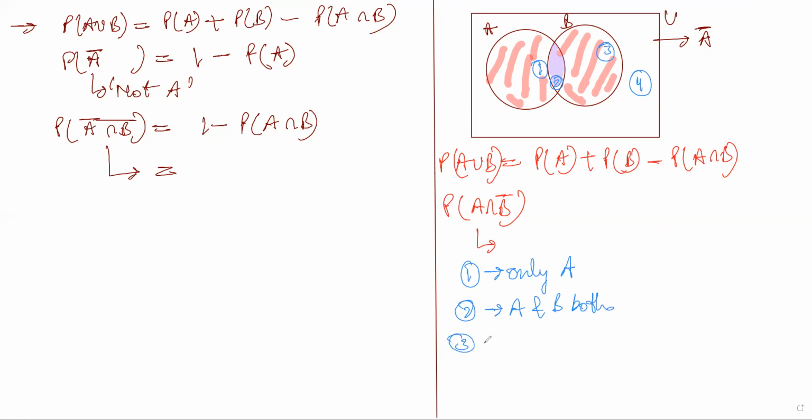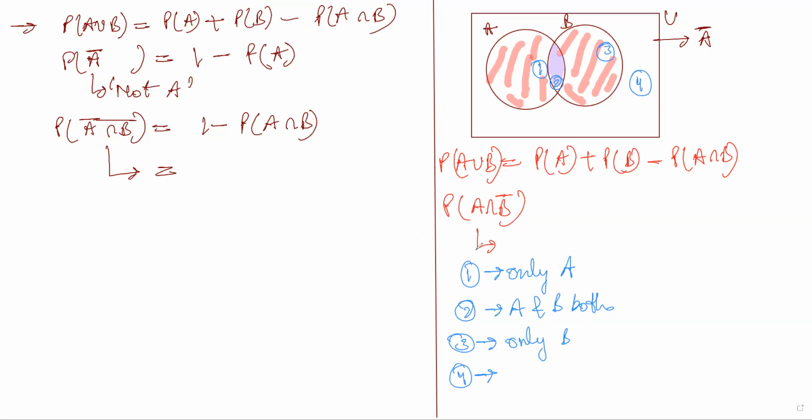Now, can you tell me what is the third portion? How can you define the third portion? Only B. Because the third only contains B. And what is the fourth portion?